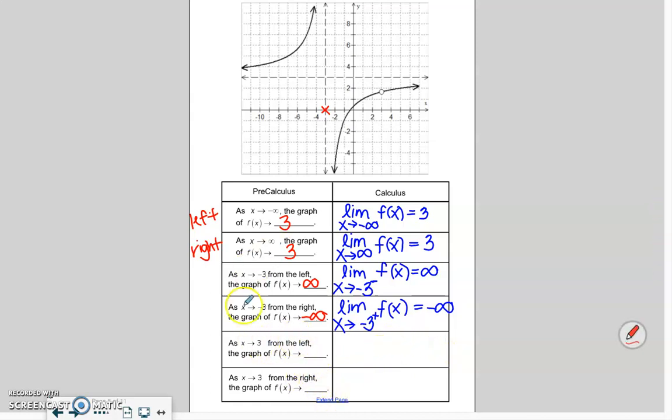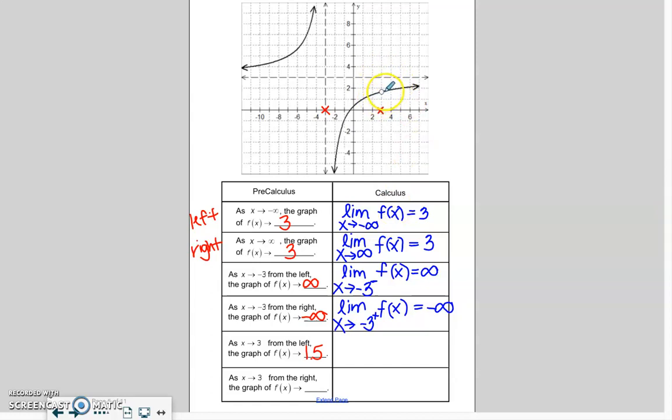Okay, 2 more. As x approaches 3 from the left, the graph of f of x does what? So as I'm approaching this spot from the left would be this way. I'm getting closer and closer to, I don't know, what do you think? 1.5 maybe? 1.5 sound okay? There's a hole in the graph, which is weird, but you know what?